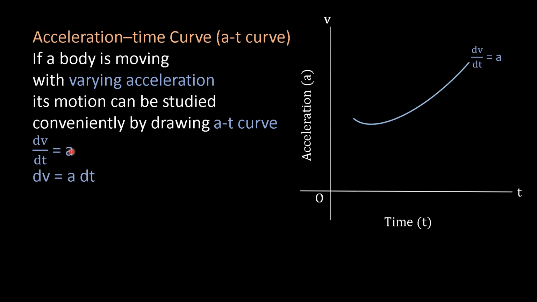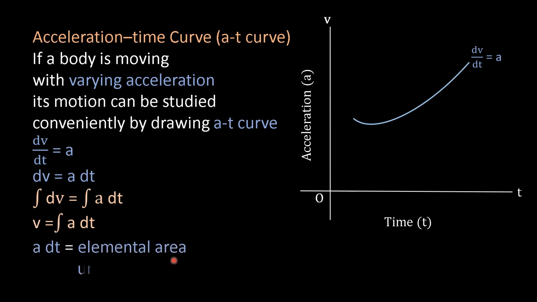dv by dt equals a gives us dv equals a dt. Integrating both sides we get integral dv equals integral a dt. Integral dv gives us v, which is integral a dt. Here a dt represents the elemental area under the curve.